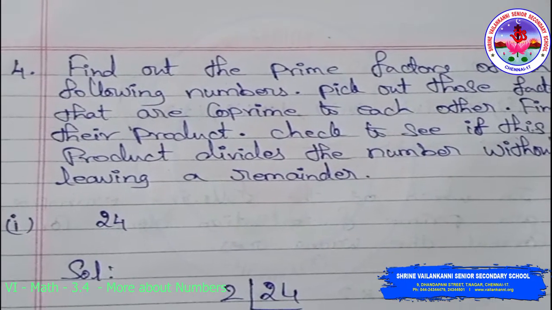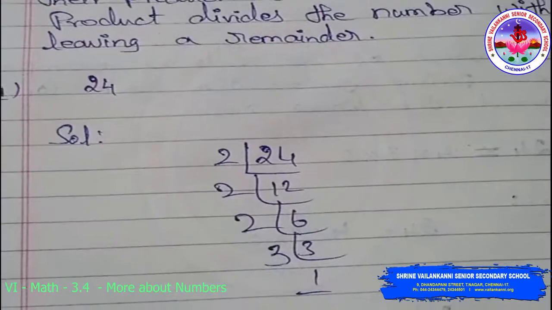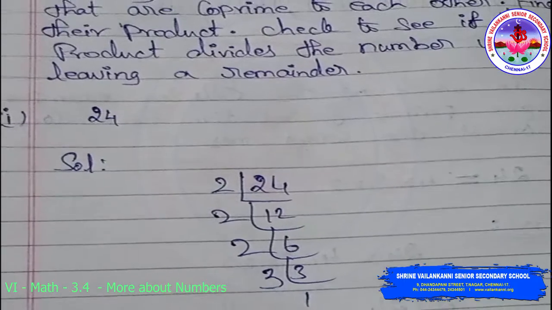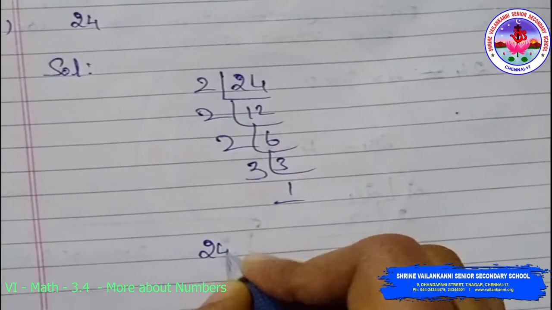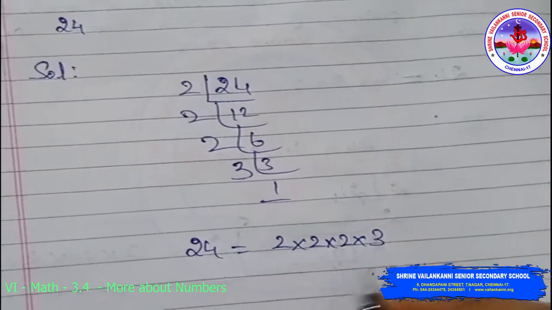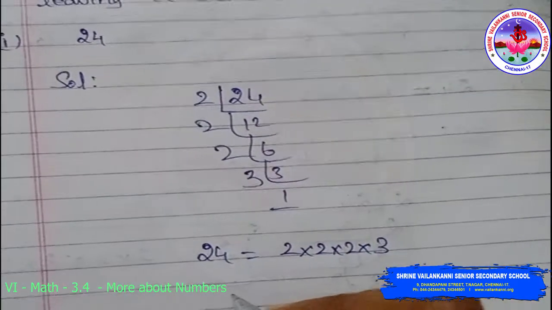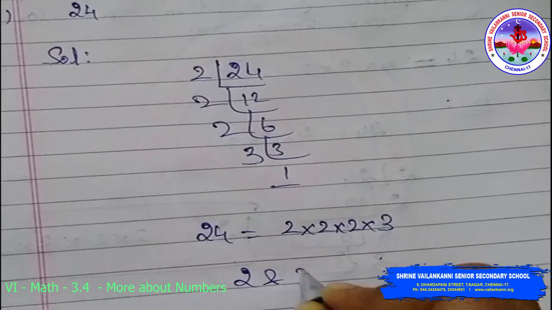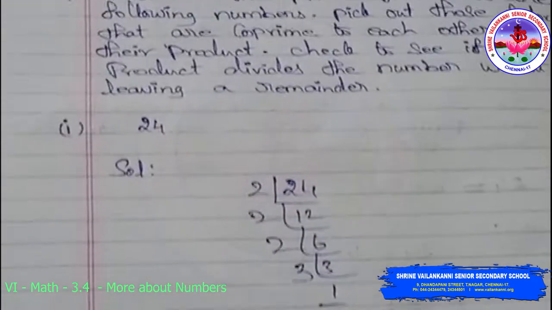Now find the prime factors of 24. Solution: 24 is equal to 2 into 2 into 2 into 3. These are the prime numbers. The factors of 24 are 2 and 3.